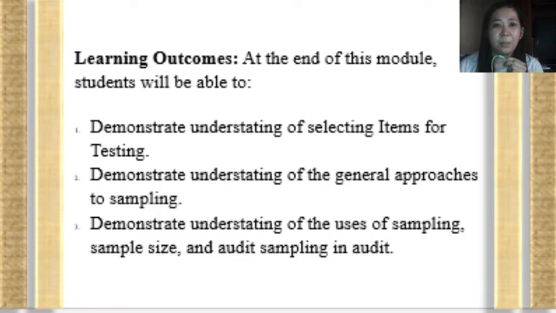So at the end of this module, you will understand selecting items for testing, the general approaches to sampling, as well as the uses of sampling, sample size, and audit sampling in auditing.